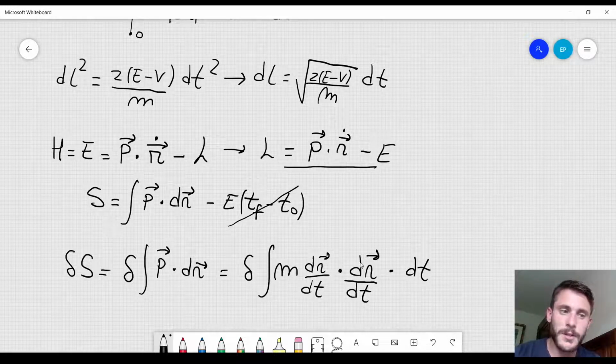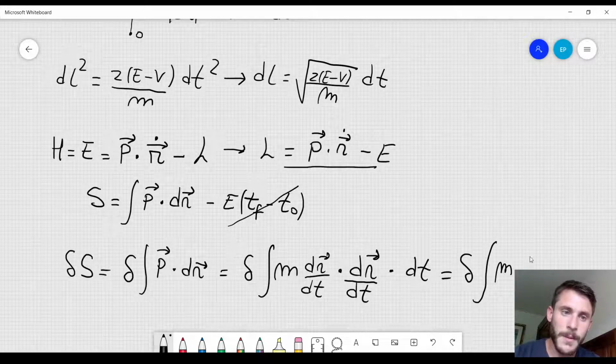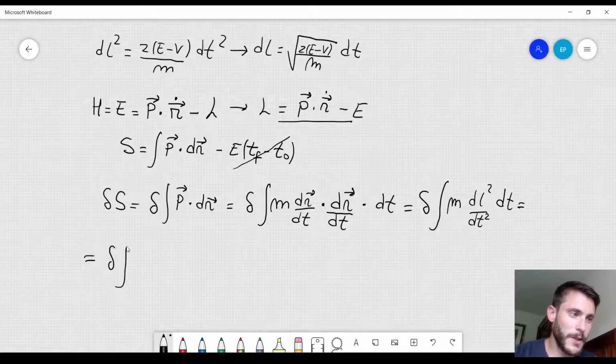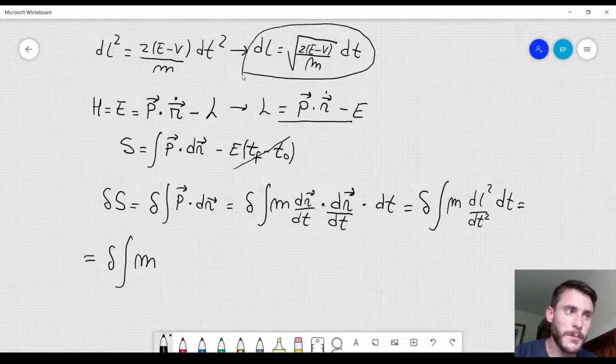But dr dot dr is dl squared, so I can rewrite this as delta integral of m dl squared over dt squared dt. And this is equal to the variation of the integral, I have the mass, and then I have dl squared over dt squared, which I can also rewrite from here, because dl squared over dt squared is just equal to 2(E minus V) over m.